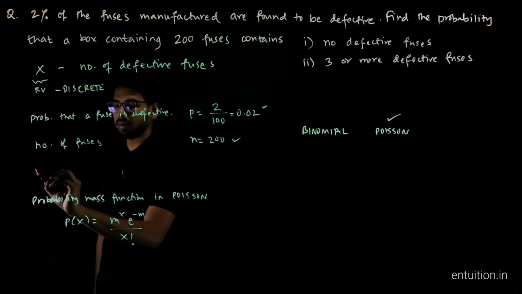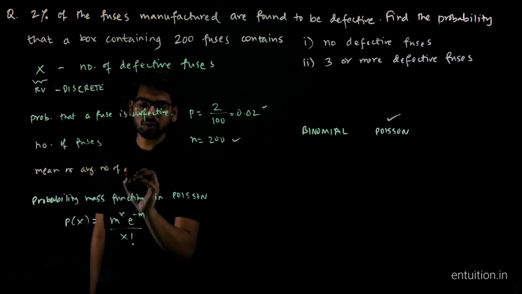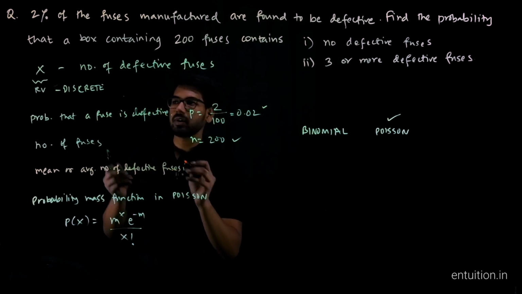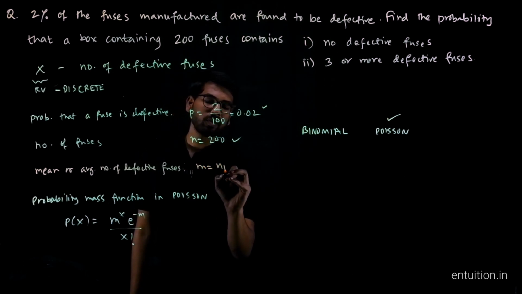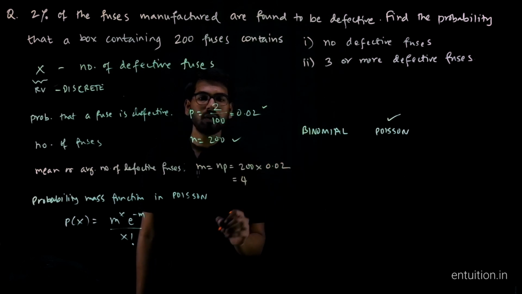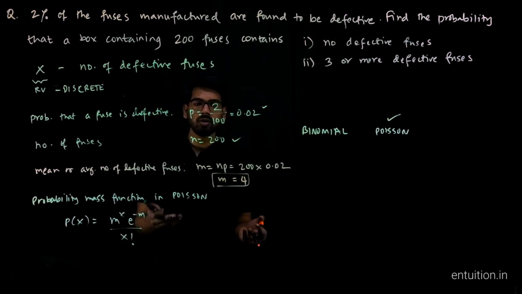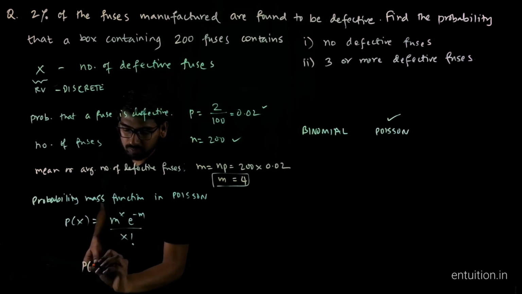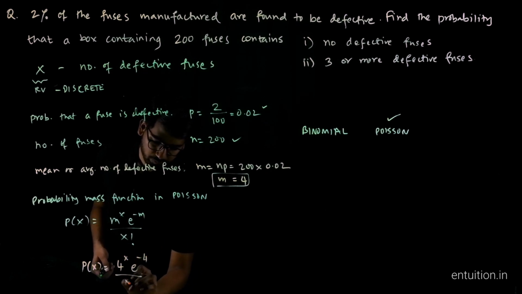So m is nothing but the average number of defective fuses in this experiment, out of 200 fuses. That is, m equal to np, 200 into 0.02, which is 4. So we derived m equal to 4 from the given n and p. Let us substitute m here: probability of x is 4 power x, e power minus 4, by x factorial.